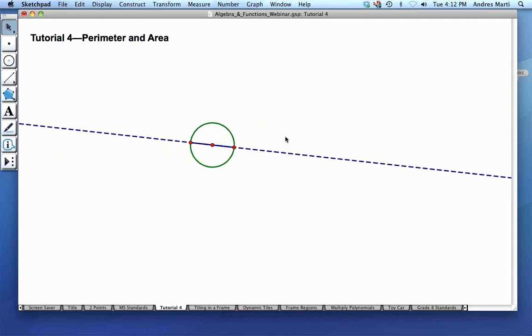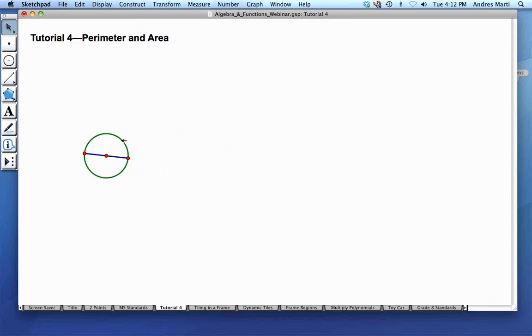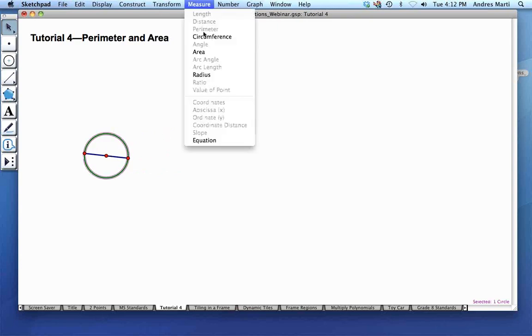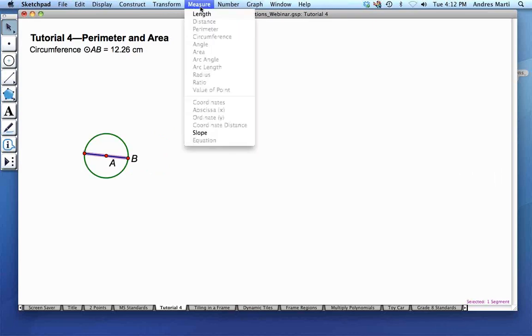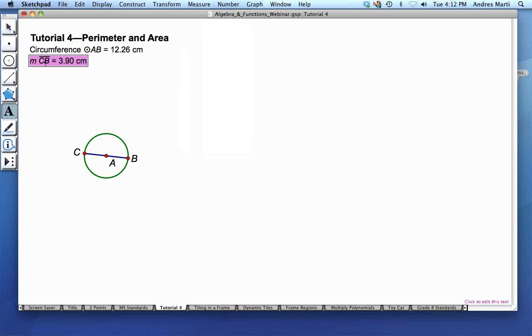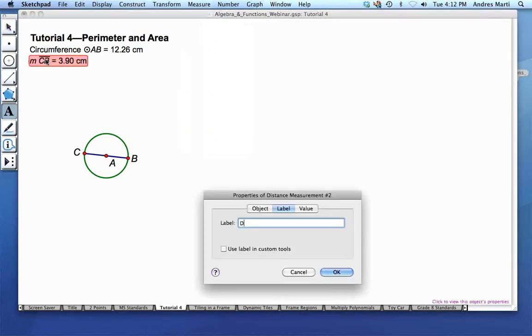So with the circle, I'm going to go ahead and hide this dashed line, but I want to measure the circumference of the circle and measure the diameter of the circle. And I'm going to change the name of this measurement of CB to diameter using the text tool.